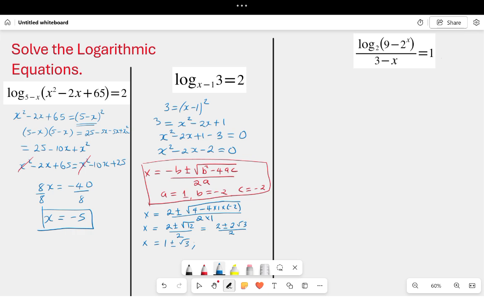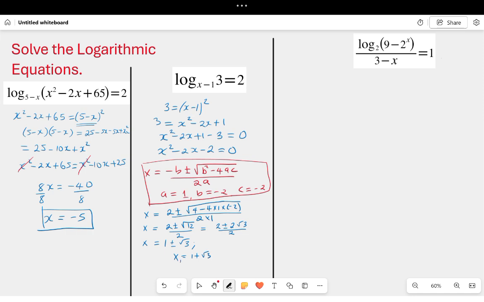Now we have two solutions for x. In this case, the two solutions for x are x will be equals to 1 plus the square root of 3.